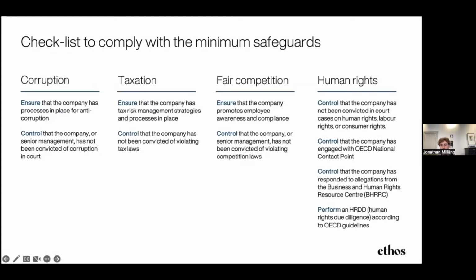So here you see then the requirements broken down. As you can see, corruption, taxation, and fair competition, quite straightforward, and many companies fulfill these requirements. But for human rights, even though most companies are free from violation or court cases on human rights and labor rights or consumer rights, and they may not have a case in the OECD National Contact Point database or the Business and Human Rights Resource Center, most companies have not performed a human rights due diligence, and within that then a human rights impact assessment.